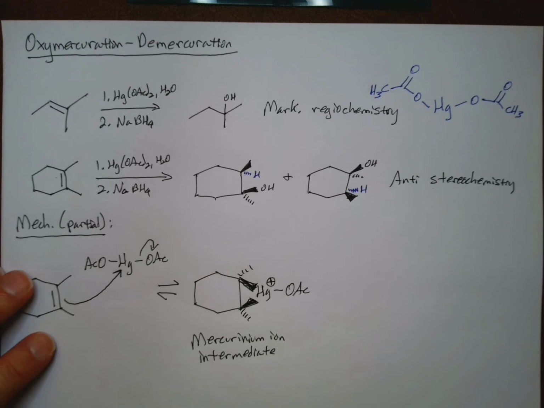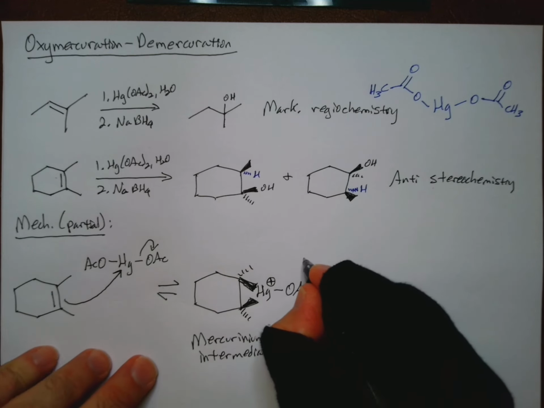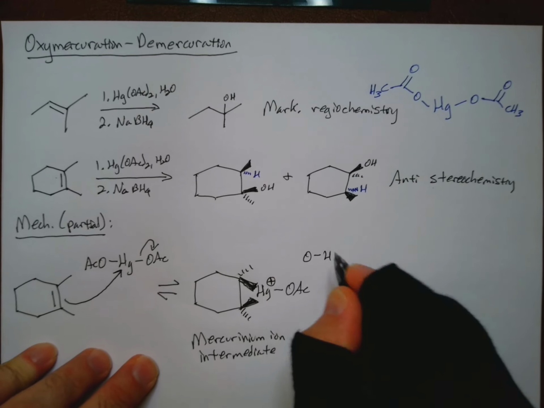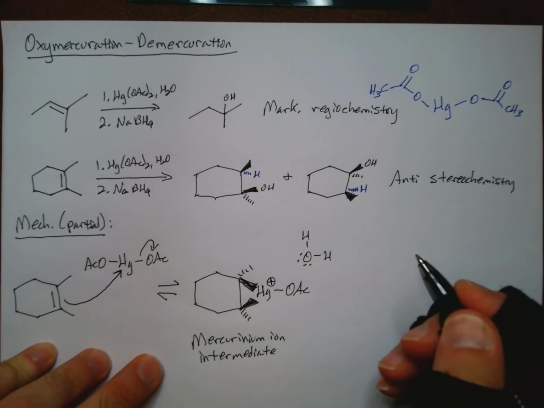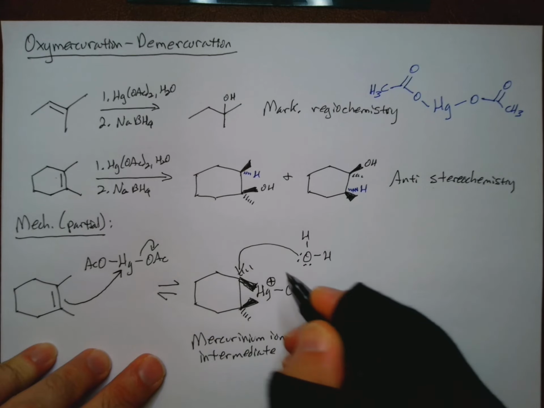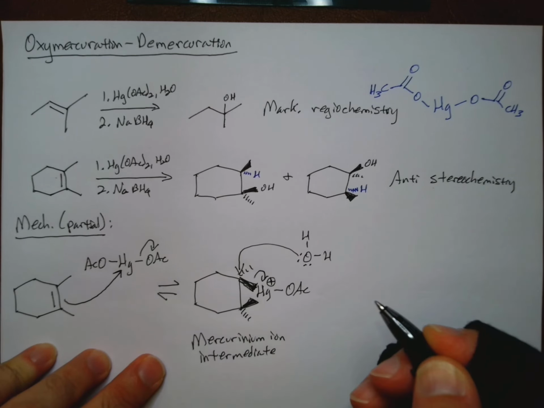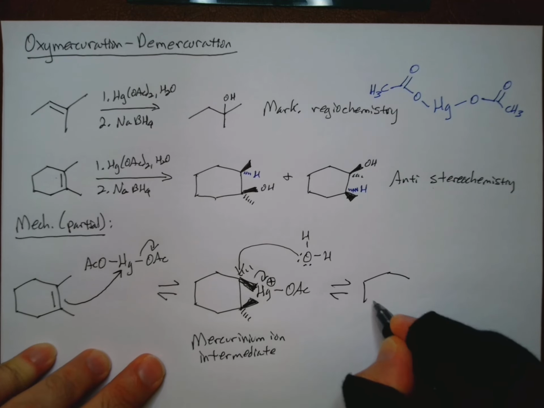And now I can go ahead and have any water present. And that can come along, and let's just have it attack the top one up here, and that pops open, giving the following.